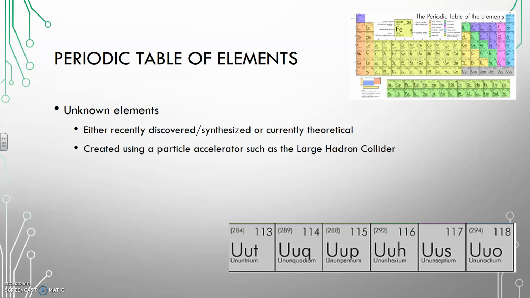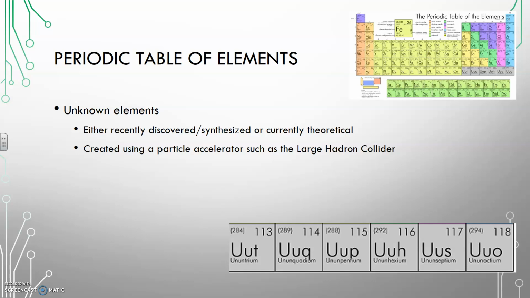They are generally created using what's known as a particle accelerator. Particle accelerators do basically exactly what the name says. They accelerate particles. You will take usually very specific atoms, sometimes they're large, sometimes they're small, and you put them in a particle accelerator, which is basically just a giant circular tunnel.